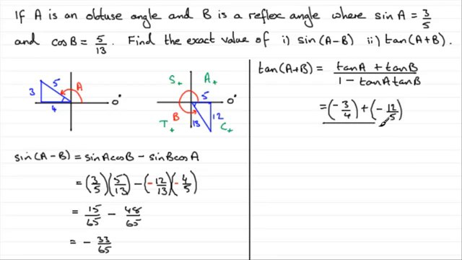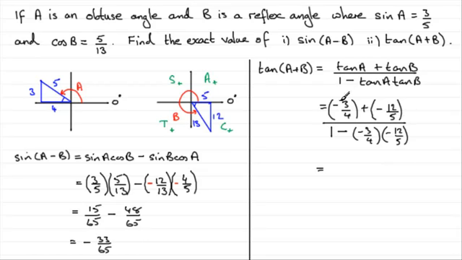Now we have those values, we can fill them in on the bottom here. We've got the 1 minus tan A, minus 3/4 then, multiplied by tan of B, which is minus 12/5. Now you could work this out on your calculator if you like, or what I normally do when I've got something like this, I multiply top and bottom by 20, the 4 times 5.